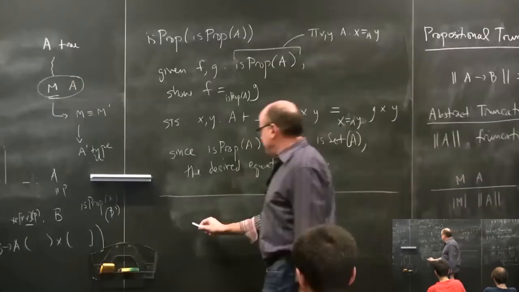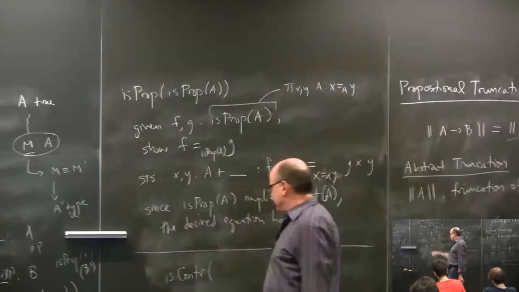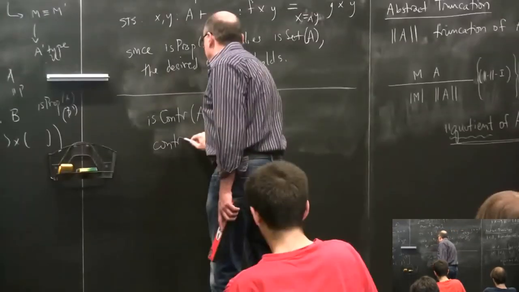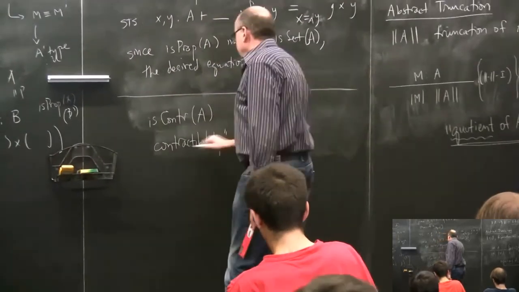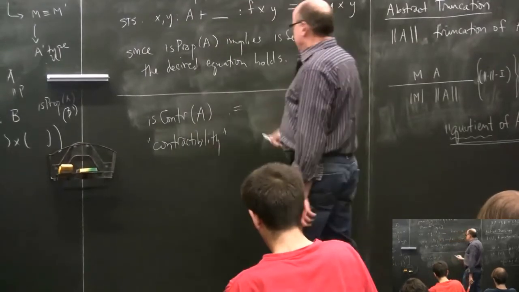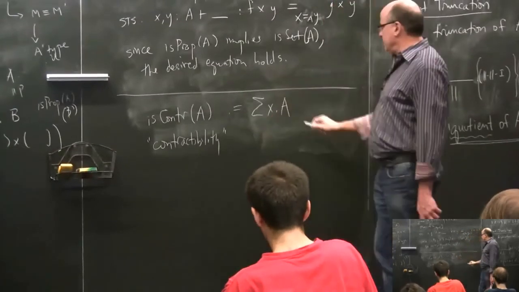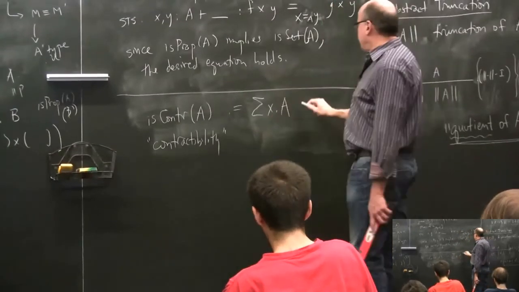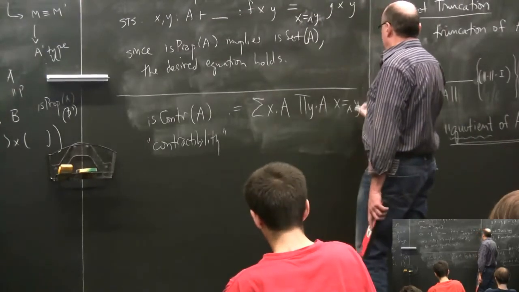Let us define another proposition, another type related to the ones we've been doing so far, which is called contractibility. We say a type is contractible if it has an element and every other element is equal to it.